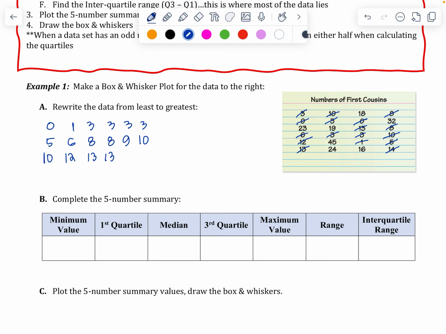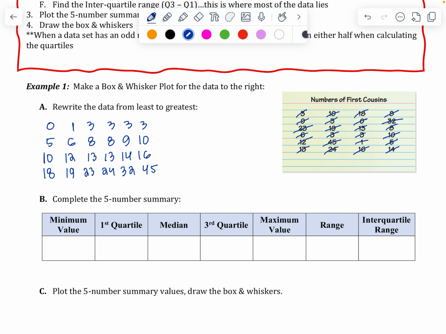I see a 14. I see a 16. 18. 19. 23, 24. 32, 45.